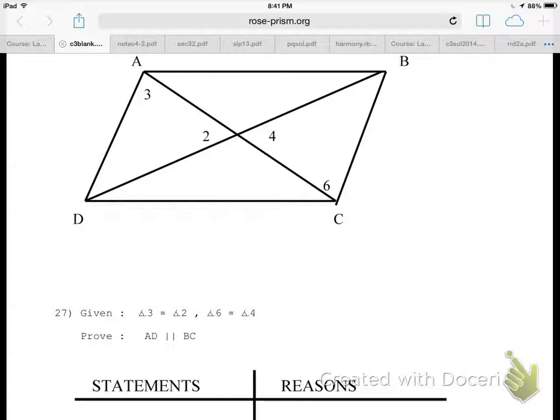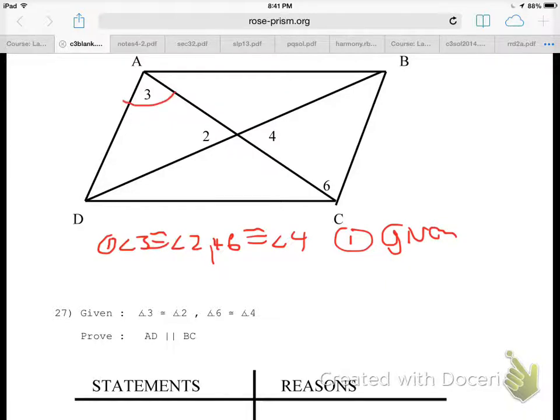Okay, we've got our next proof here. Well, we're obviously going to begin with the given. Let's assume, because I'm really low on space, that I've written down angle 3 congruent to angle 2, and angle 6 congruent to angle 4. And the reason for that was given.